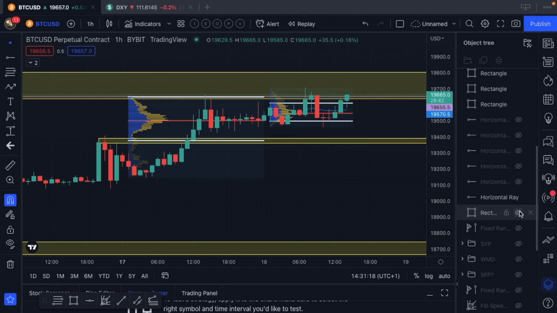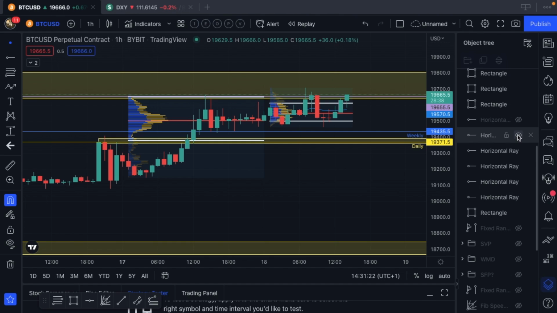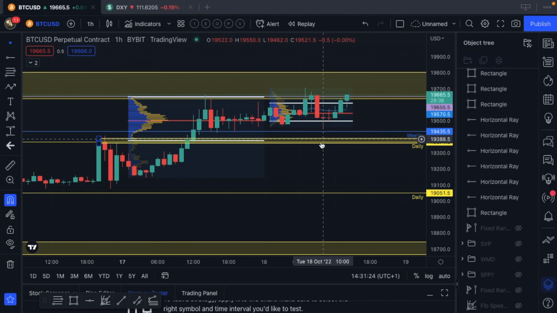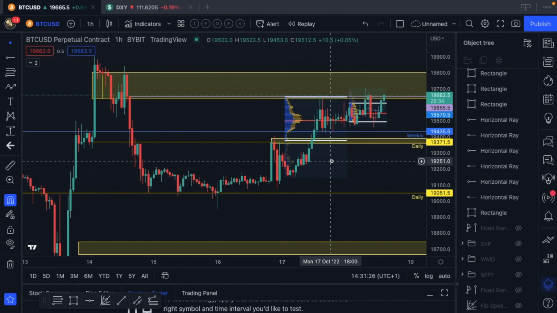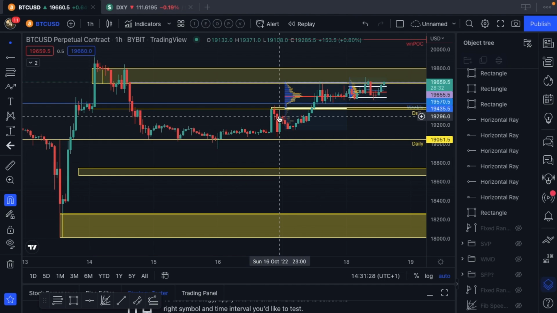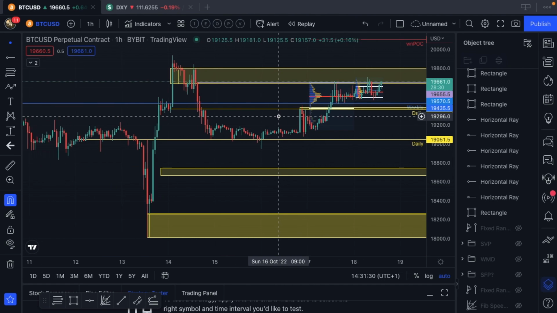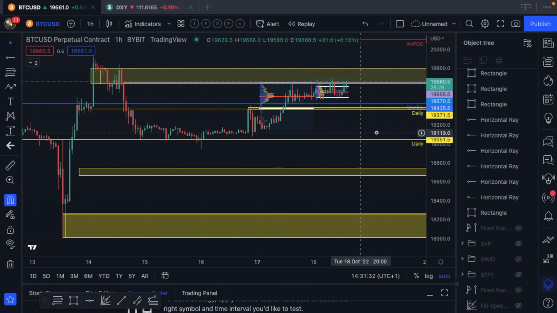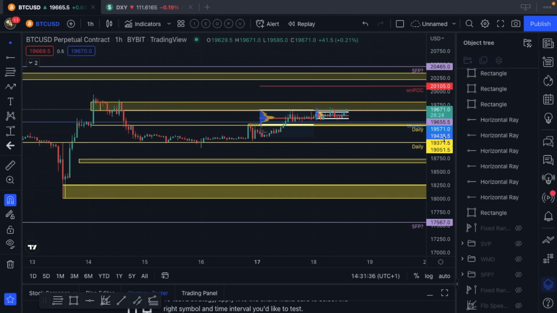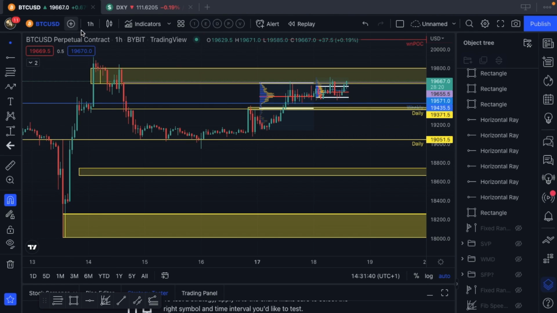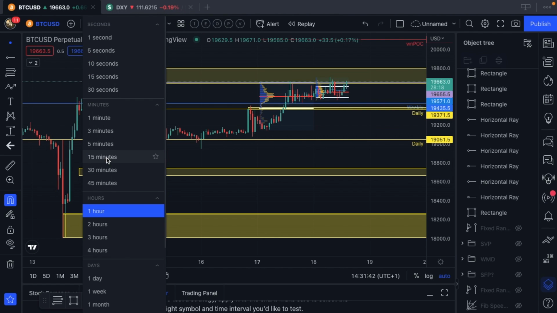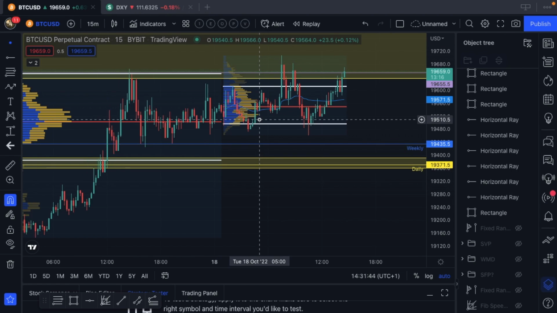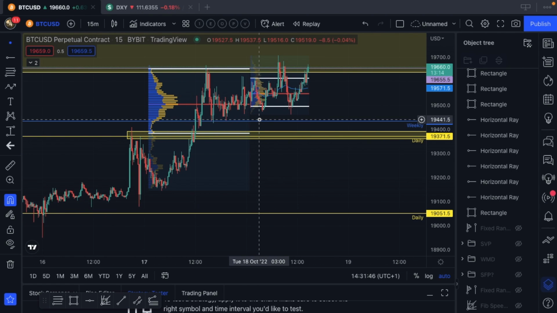And I'll turn all this jazz on that I had for my last video talking about my weekend setup. So these are all the levels that I created on the weekend. And I'm just going to move this down to the 15-hour chart and explain exactly what has happened.